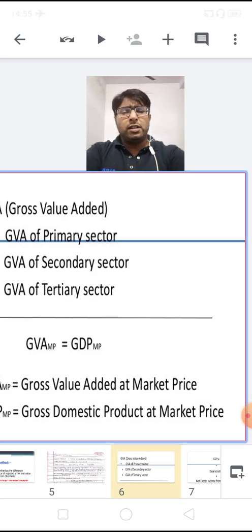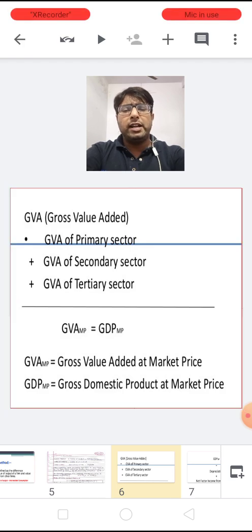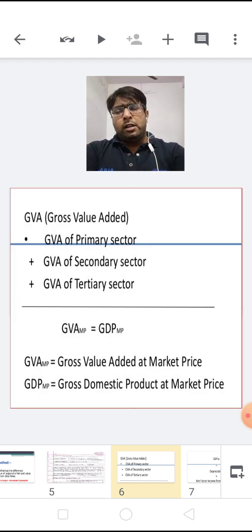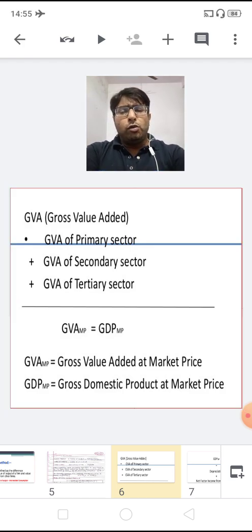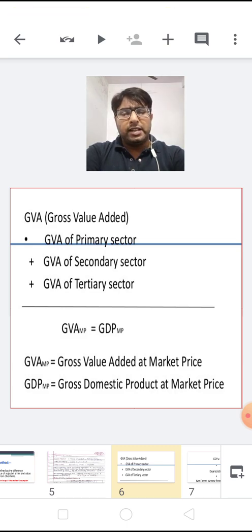So children, so far we have understood that gross value added is equal to the gross value added of the primary sector, thereafter the secondary sector, and at last the tertiary sector. When we add up the gross value added by all these three sectors, we get the value of GVAMP. G here is gross, V is value, A is added.